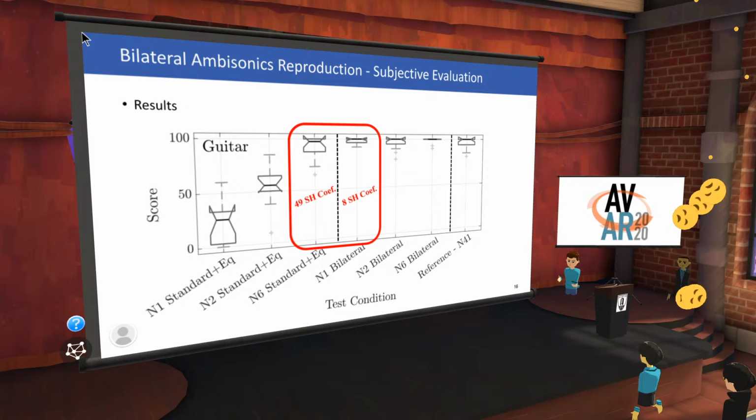Yeah, so this is a good question. There is a new paper, I forgot his name, but from Jens Ahrens' lab, that performs quite a comprehensive experiment comparing artificial head measurement to reproduction using a spherical microphone array. They performed different methods, including the standard equalization method that we see here. And they concluded that they need order 7 and above in order to get similar results to artificial head recordings.